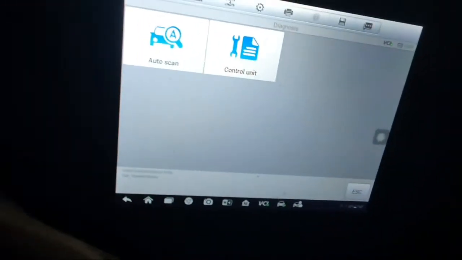I fixed the compressor. Let's see the live data.